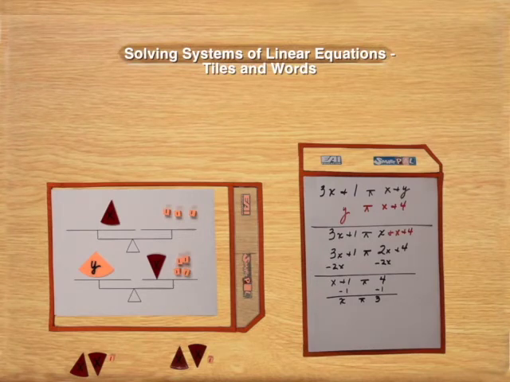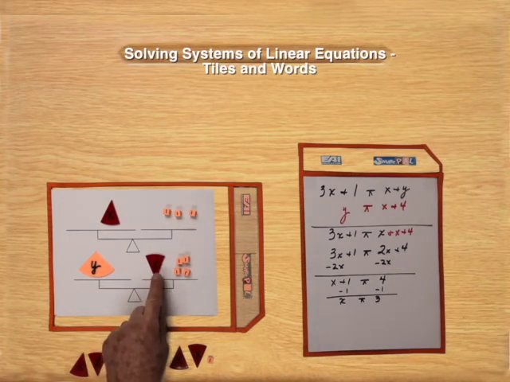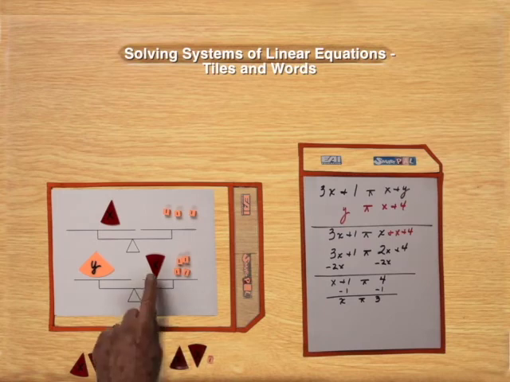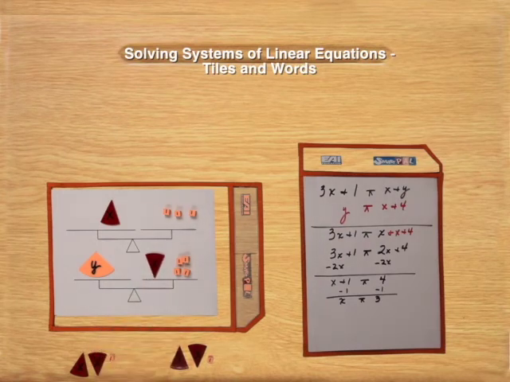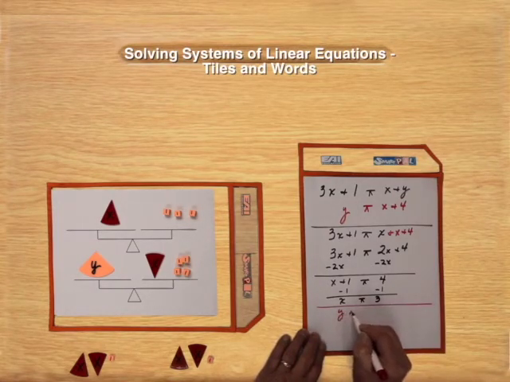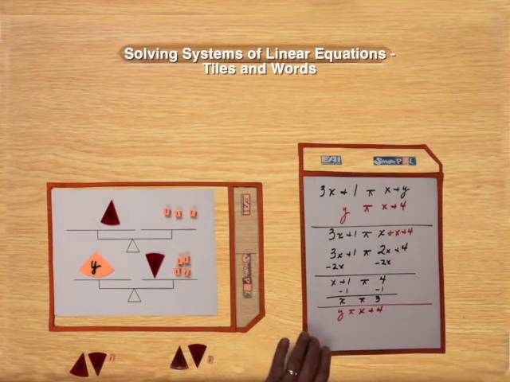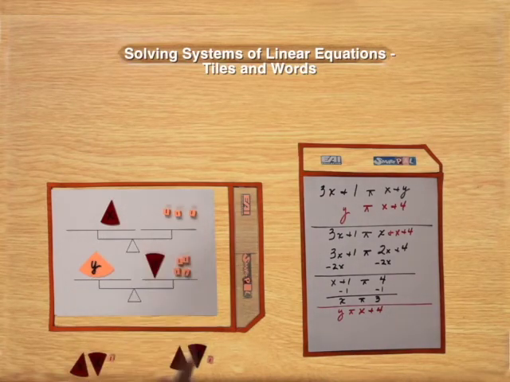The question is, if x balances 3, what's the value of y? Well, what we can do is we go to our other balance of y balancing x and 4 1's, but we know that x balances 3 1's.